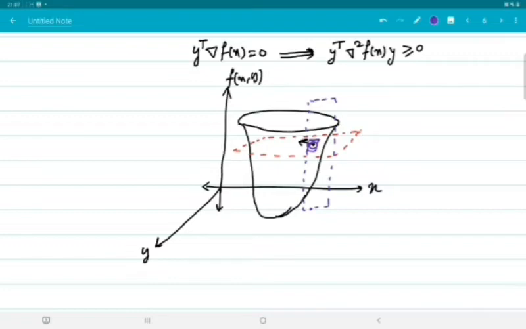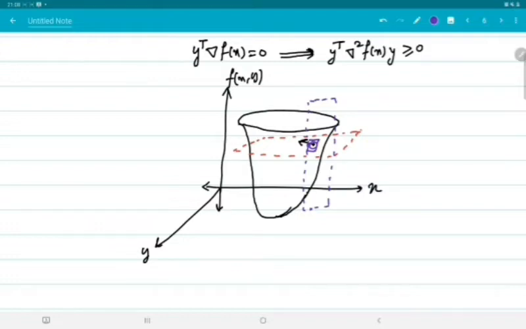So the outward bulge has to be in all directions except one. The inward bulge can be in at most one direction. That is what is conveyed by the eigenvalues.